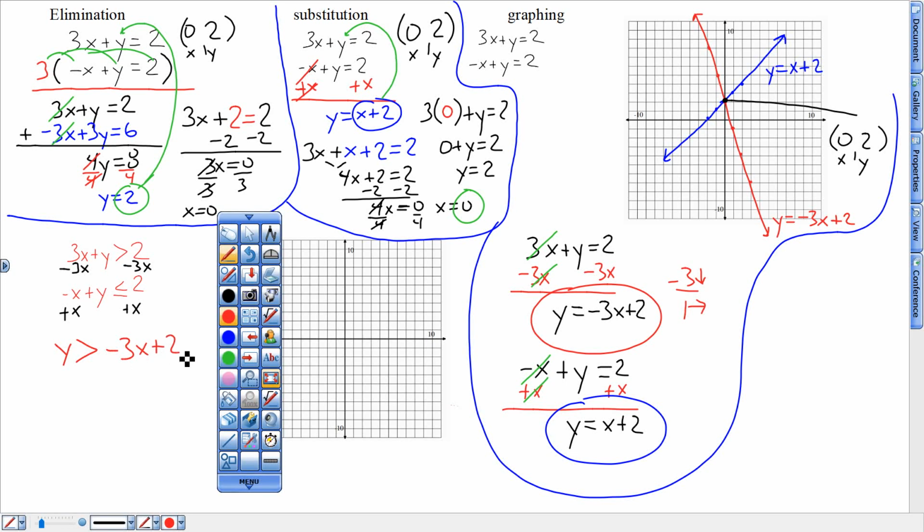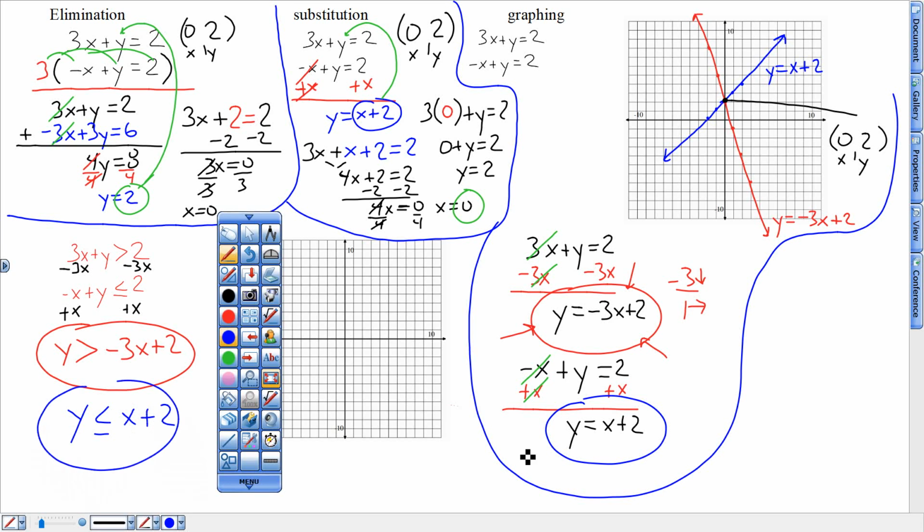So you can see it's the same equation over here, but instead of an equal in there, I have an inequality. And then the other one in blue, that will be y less than or equal to x plus 2. So again, this same equation over here, but with an inequality in it, which changes your graph.